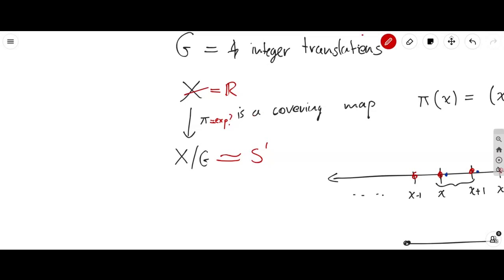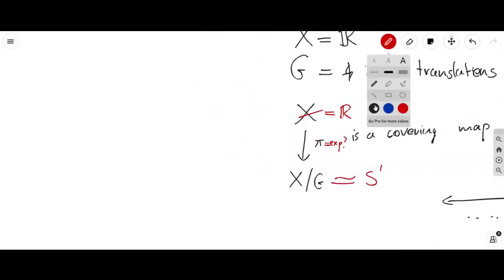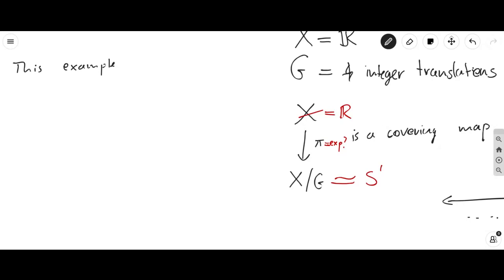Well, almost. You have to be just a little bit careful. So more precisely, this example is not new. I mean, in a way it is new because you have a new topological space, but on the level of homeomorphisms, you've not really genuinely created something new, because you have the real line, and you've just produced this map pi to the quotient, and we also have the exponential map to the unit circle.